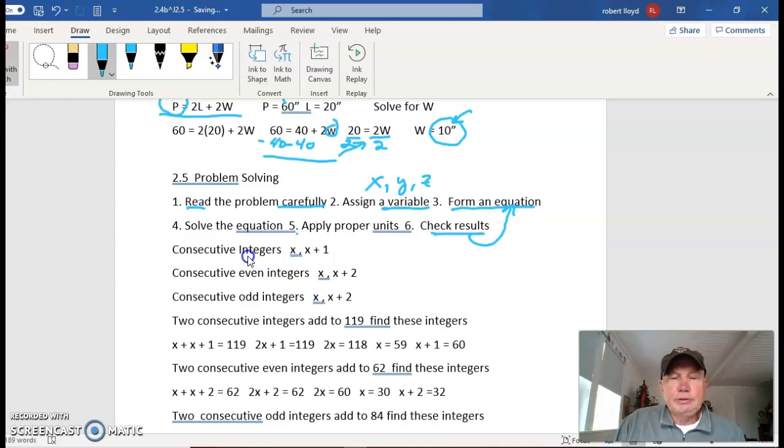Something that may come up is consecutive integers. If the first one is X, the next one's got to be one more, because consecutive means like 5, 6, 7. So the first one is X, and the next one will be X plus 1.